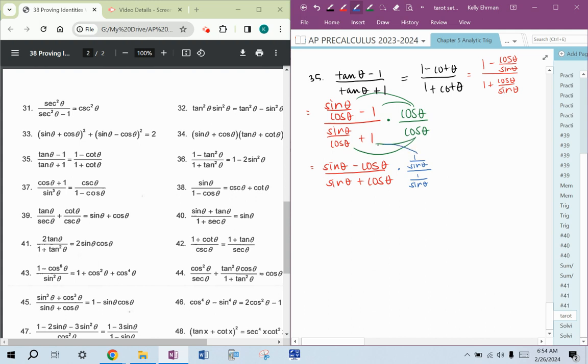But if you do that, everything falls into place because, look, sine times 1 over sine is 1, minus cosine theta over sine theta, which was what we were trying to get to. We got that piece. And same thing's going to happen on the bottom. Sine times 1 over sine is 1, plus cosine theta over sine theta. So a neat little trick there to get you 1 minus cotangent theta over 1 plus cotangent theta.